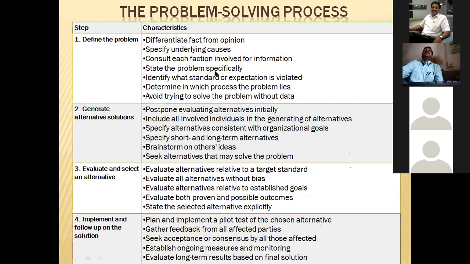State the problem specifically. We have to write that problem specifically. Then identify what standard or expectation is violated, whether the problem has a solution, but whether it will satisfy the expectation.